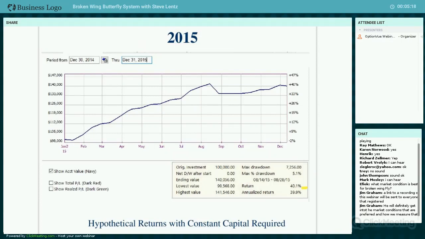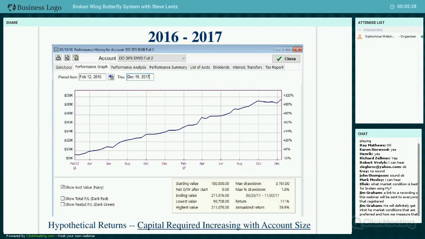Now, if your account grows in value, you'll be able to put on more contracts. And if you were to do that, and I ran this for just 2016 through 17, combining the 2 years, increasing the contract size commensurate with your account value, which could really make the returns take off, you can see a total return in 2 years of 111 with an annualized return of 59.9.